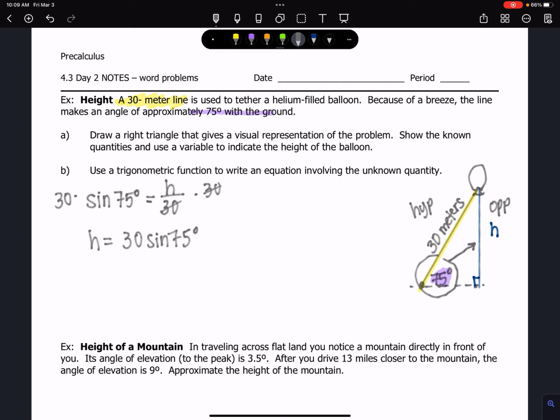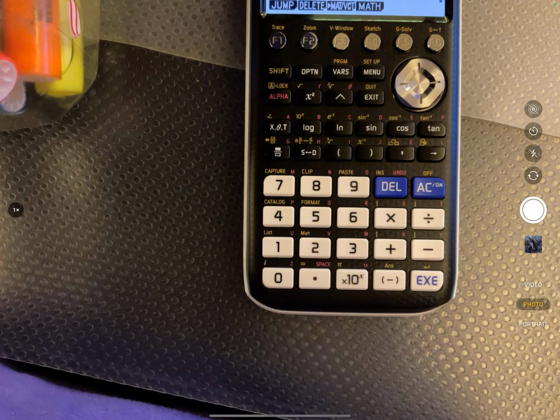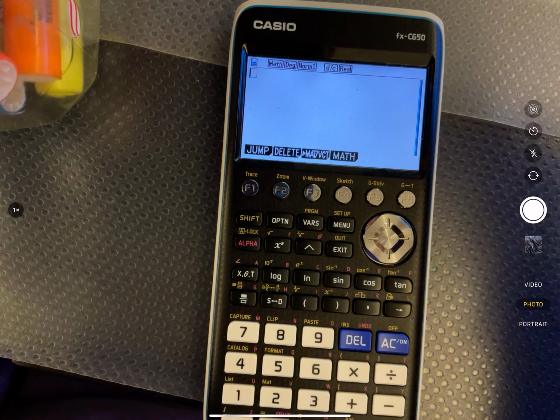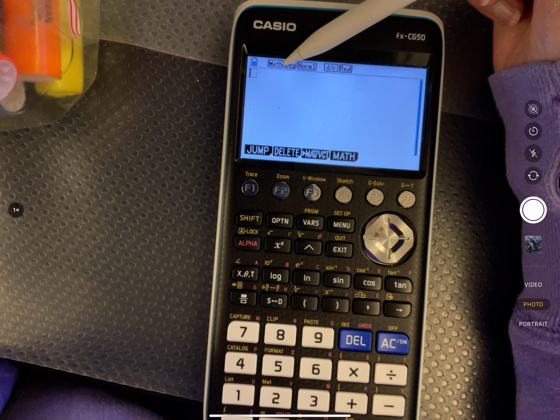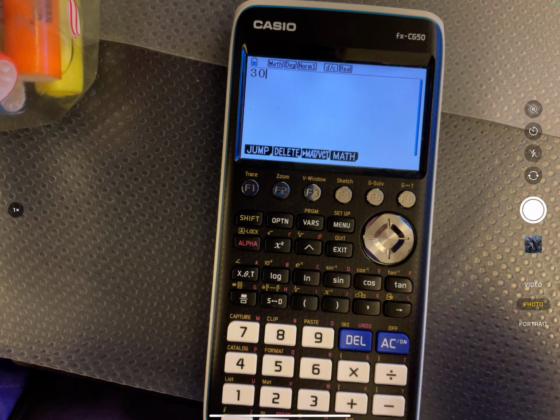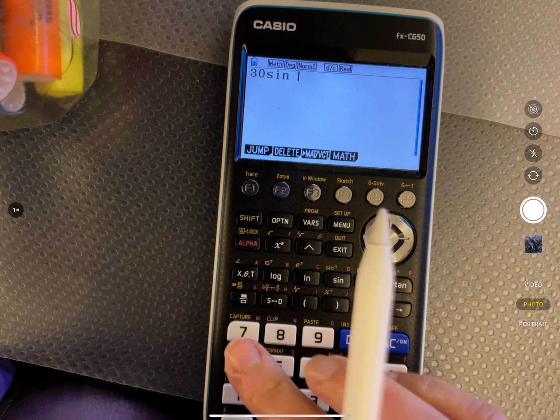I'm going to go over to my calculator to get an approximate value. So I'm going to show you my calculator. Make sure you're in degree mode. We've got 30 times the sine of 75 degrees.